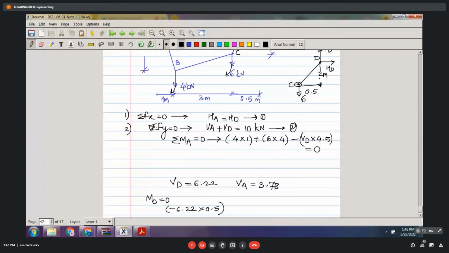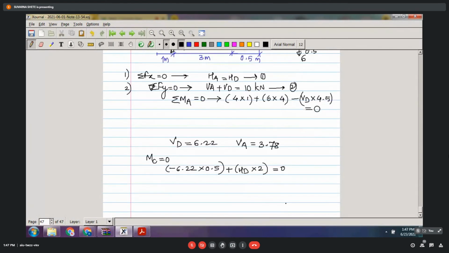And your HD will have a perpendicular distance of 2 meter. As it is rightward, it will create a clockwise rotational effect about point C. So can I say that plus HD into 2 is equal to 0?